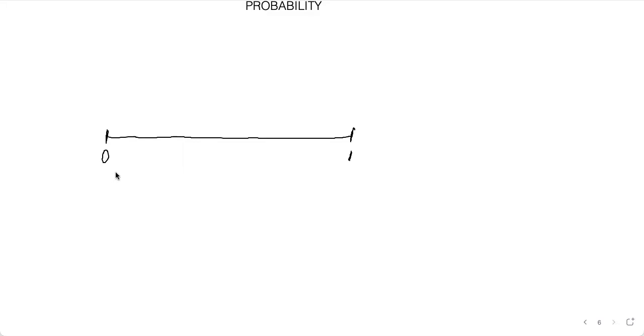Now A is the event whose probability of occurring is equal to 0. P of A equal to 0 means A is an impossible event.